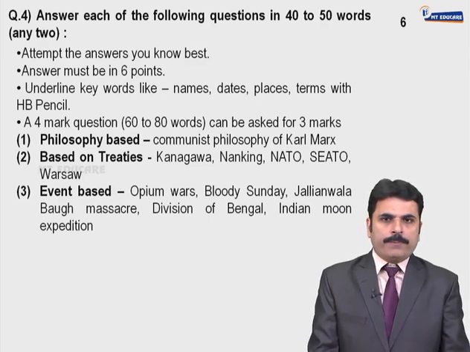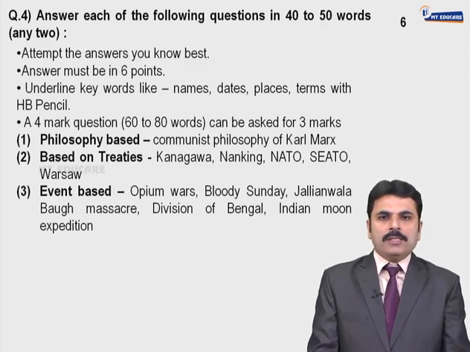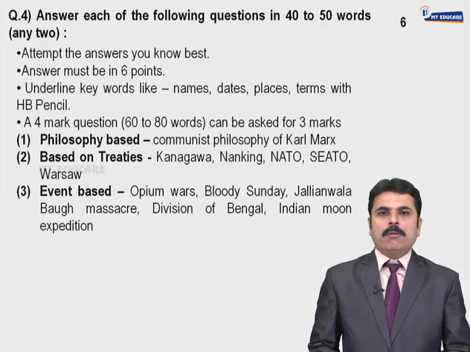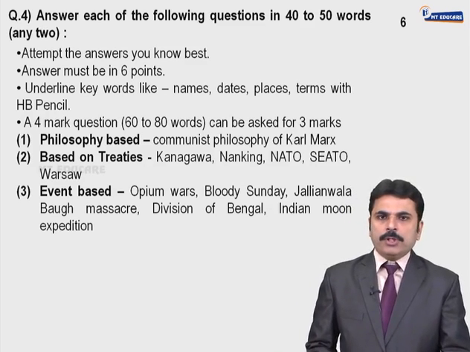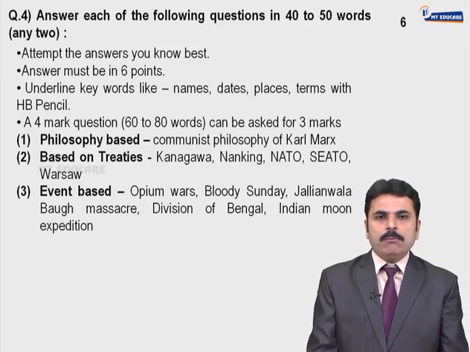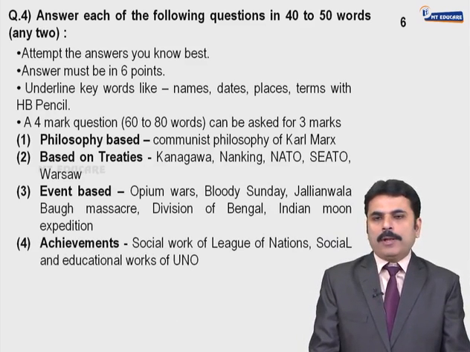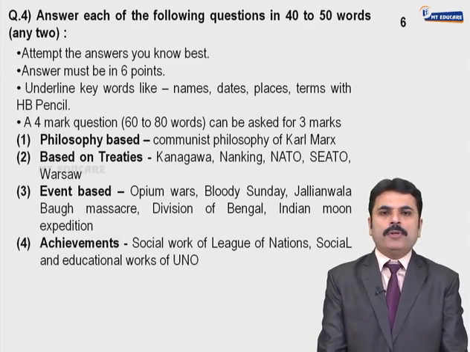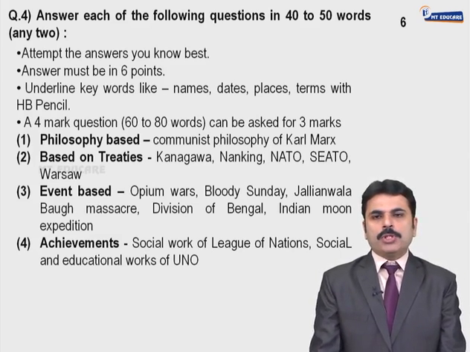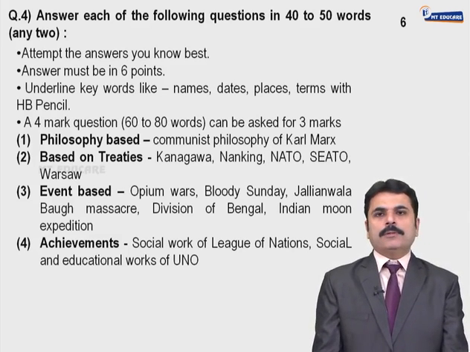Event-based questions. There are a lot of events in our syllabus. You can be asked any of these events like Opium Wars, Bloody Sunday, Jallianwala Bagh Massacre, Division of Bengal and the Indian Moon Expedition. The fourth category is based on achievements, the social work of the League of Nations, and the social and educational works of the United Nations Organization.